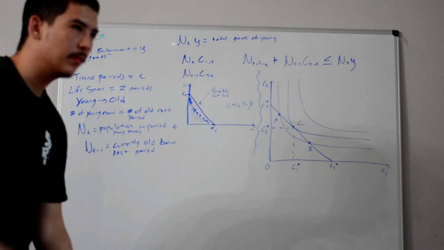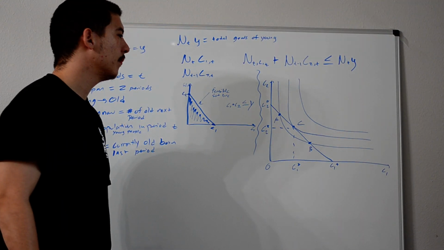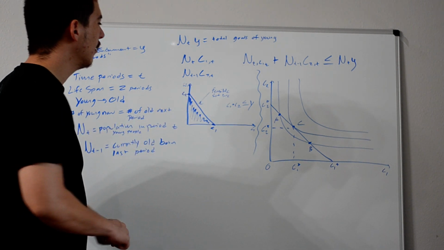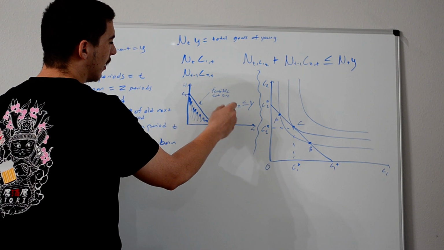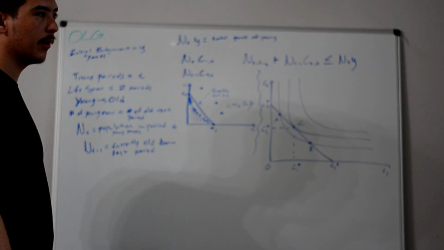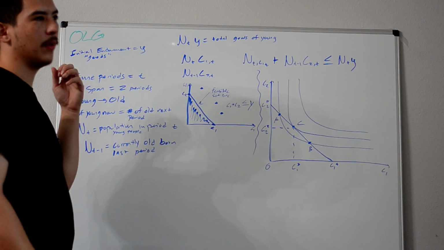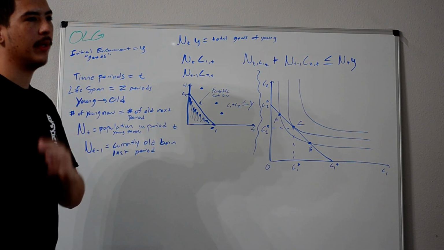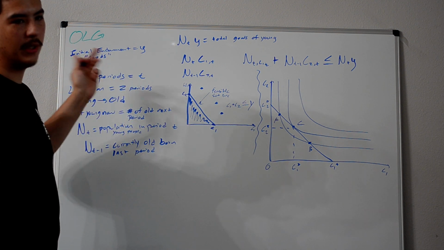It's a maximum that can be consumed. All this shows you is a feasible set line. So any point outside here is not feasible based off the number of goods currently in the economy that were injected into the economy via the benevolent planner and the young people's initial endowment.